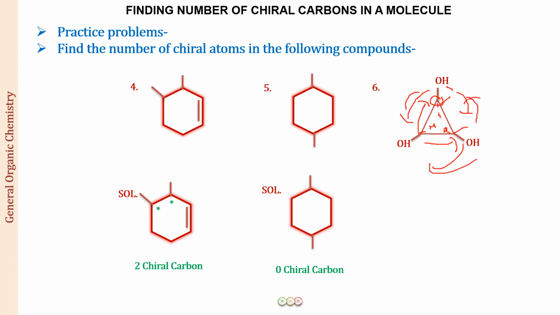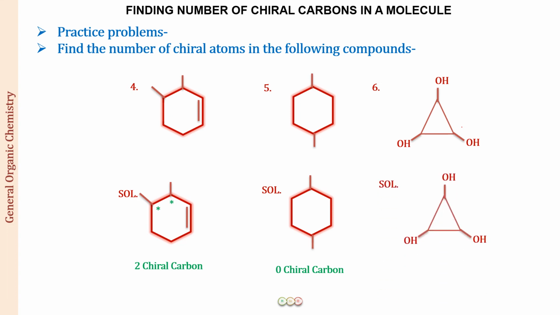You will be finding identical carbon atoms. So they are going to be similar groups for all the three carbons. I hope this is clear how you are going to see. You are just going to move left and right of the carbon to find whether you are encountering similar groups or different groups. So in this molecule also you will be finding zero chiral carbon.